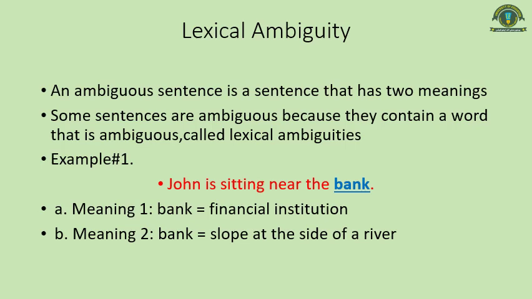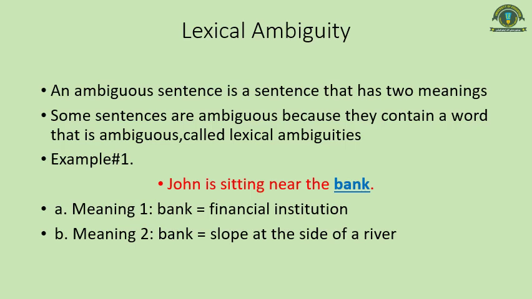Let's see the example. Example 1. John is sitting near the bank. Now meaning 1 is the word bank, a financial institution, while the meaning 2 of the word bank is the slope at the side of a river. Now the sentence, whether written or heard, is John is sitting near the bank.